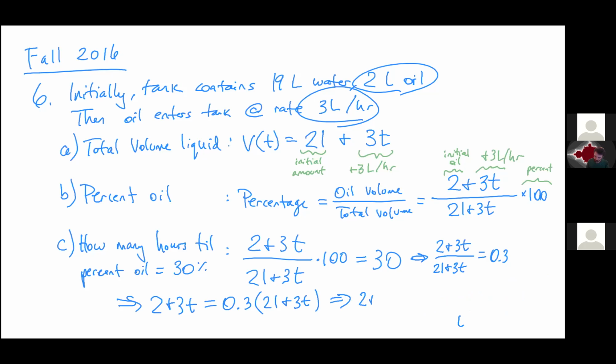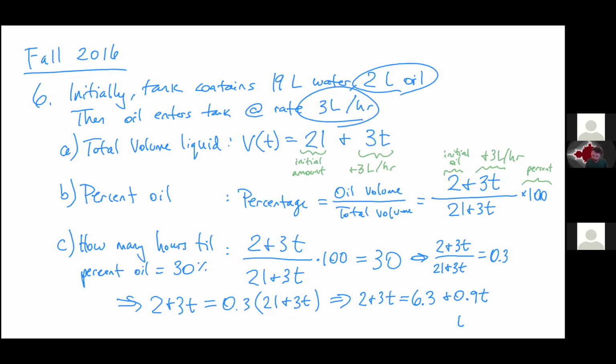If I FOIL that out, I'm keeping the left side the same and distributing the 0.3 in. So 0.3 times 21: 3 times 21 is 63, and then I move the decimal place, so I get 6.3. And 0.3 times 3t is 0.9t.